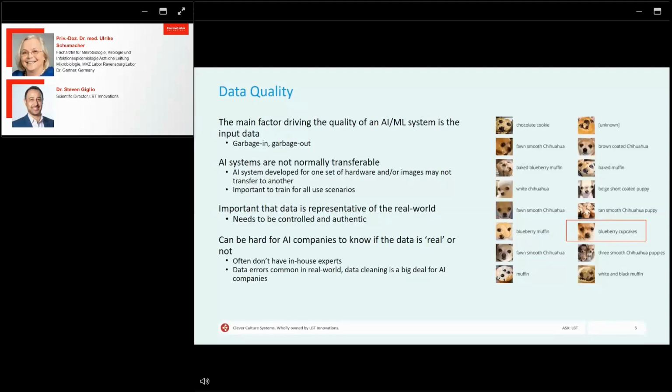And so there'll be a level of confusion between what is a muffin and what is a chihuahua. Importantly, when you develop a system using AI, it's not normally transferable. If you develop an AI system on one particular hardware which takes images, it's not going to be transferable to the next. Think of a microscope in your laboratory. There are many brands of microscopes.